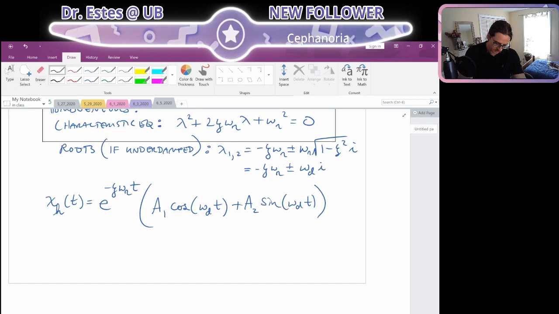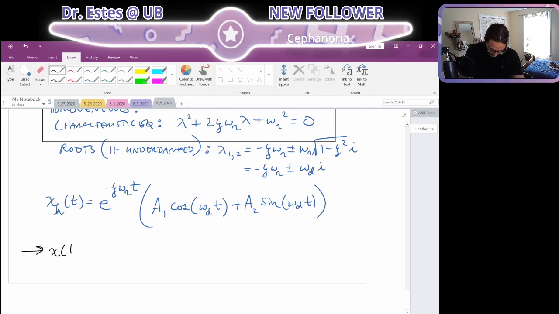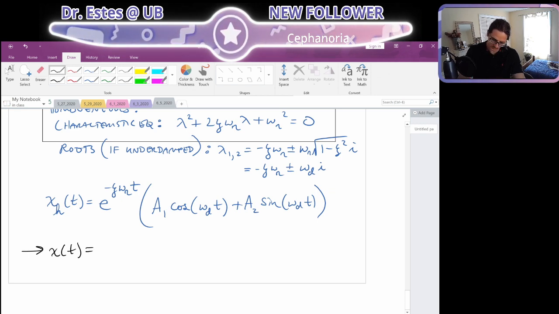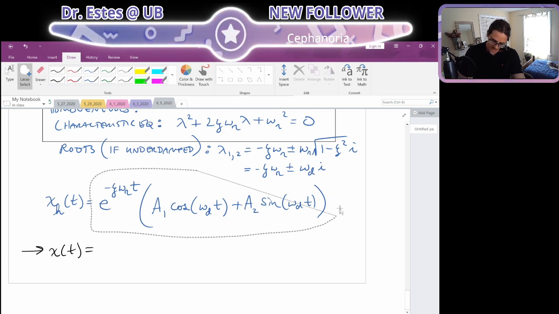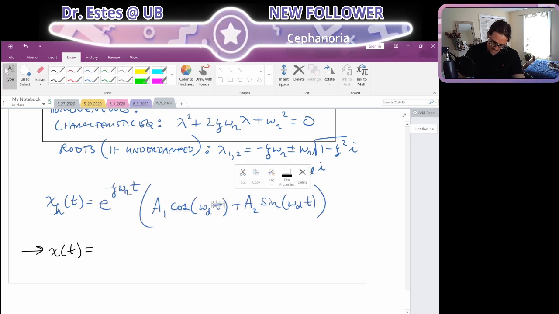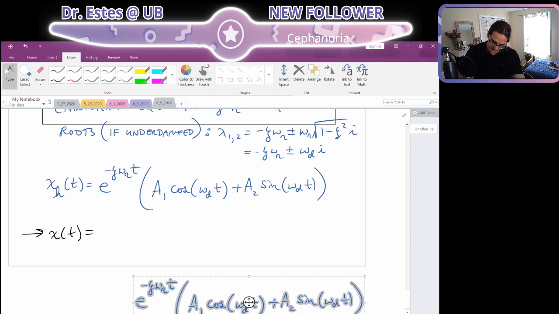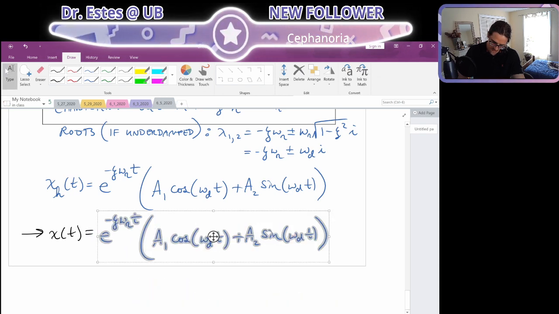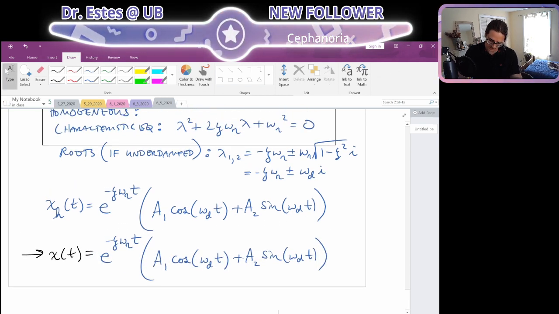So this means, I'm just going to copy this. X of t is the homogeneous part plus the particular part.